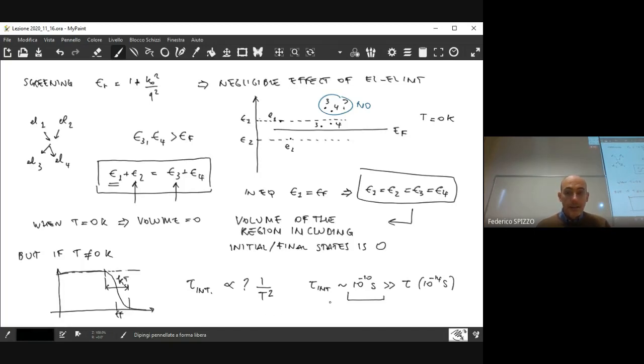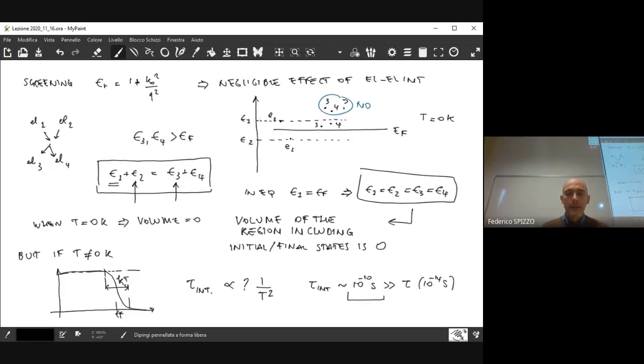This picture is correct only if the effect of the electron-electron interaction can be neglected with respect to the typical effect of the collisions of the electrons with other mechanisms that are not the electron-electron interaction.